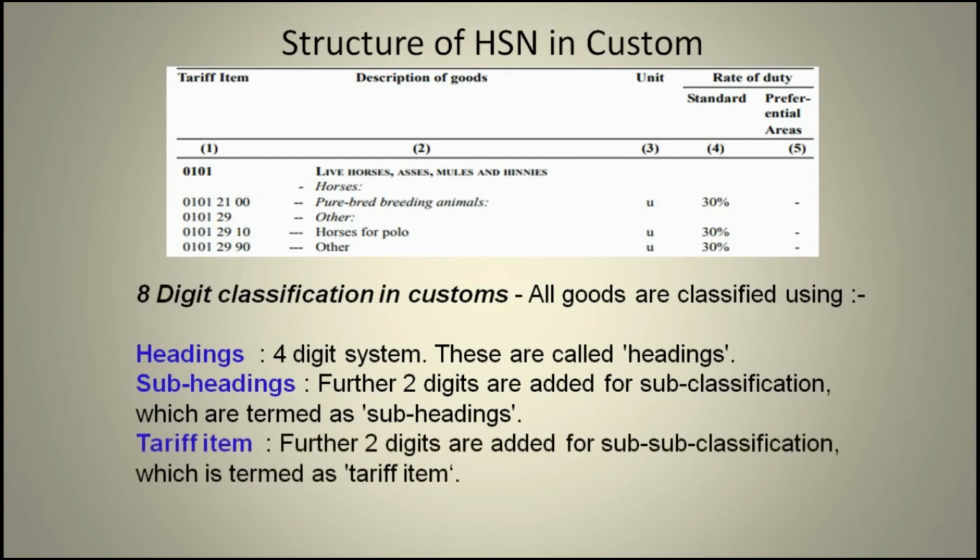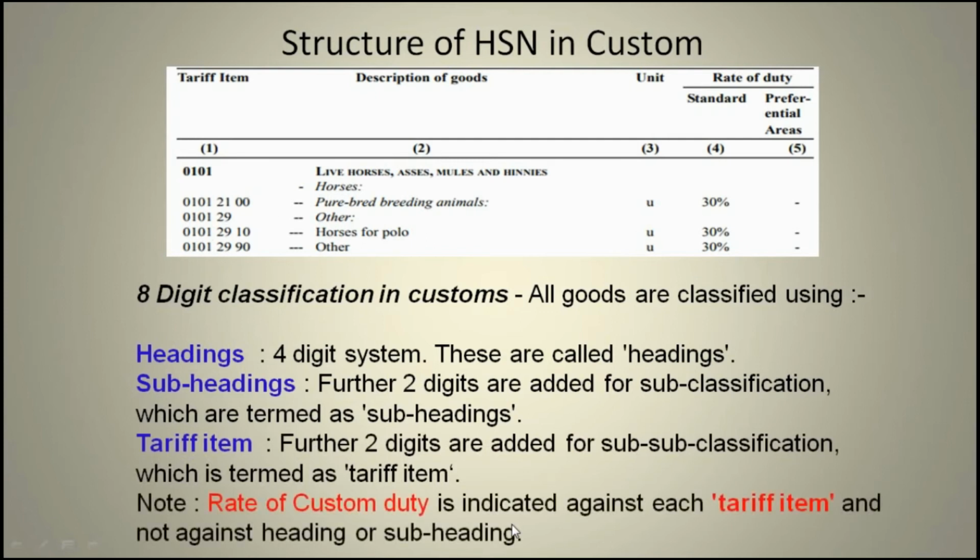Tariff items: further 2 digits are added for subclassification, which is termed as tariff item. Here you can see that there are the 8 digits and the customs rates are mentioned against these tariff items. Rate of customs duty is indicated against each tariff item and not against heading or subheading.